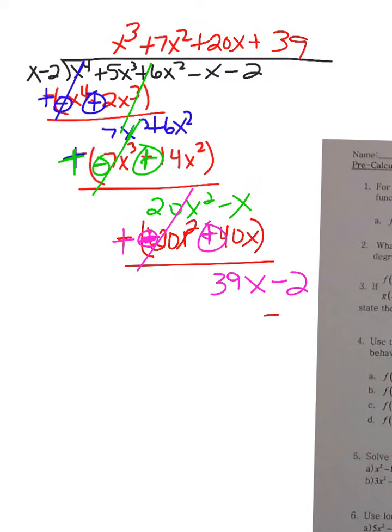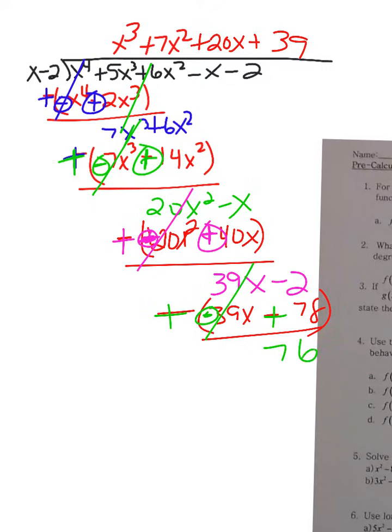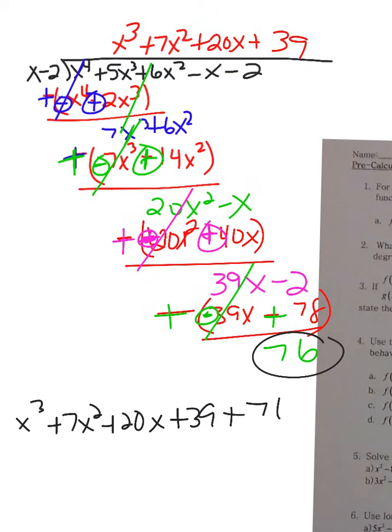So that would be negative 78x and 39x. Minus, this becomes plus, minus, plus, cancels, and I get 76 is my remainder. So my final answer is x to the 3rd plus 7x squared plus 20x plus 39. Now my remainder, which is positive 76, over my divisor, which is x minus 2.